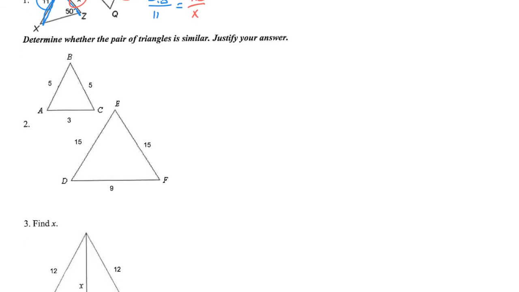Okay, to determine if triangles are similar, we have side, side, side, and we have side, angle, angle. So you're looking at sides here because all I'm given are the sides. All right, so set up proportions, set up ratios for the sides to see if they're all the same.